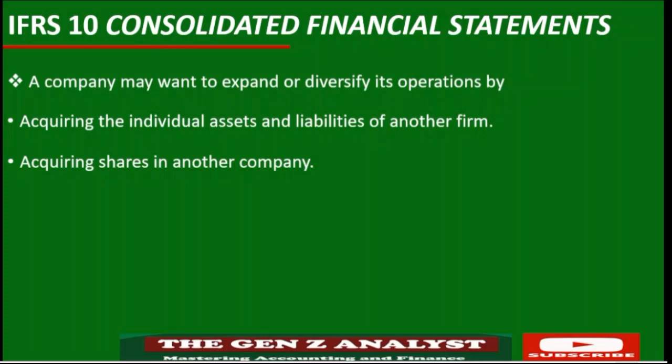So assuming company A acquires shares in company B, company B continues to exist as a separate legal entity distinct from its owners. Now, if the shares bought by company A give company A control over company B, then company B, even though it exists as a separate legal entity, becomes a single economic entity with company A. So this is how it works.